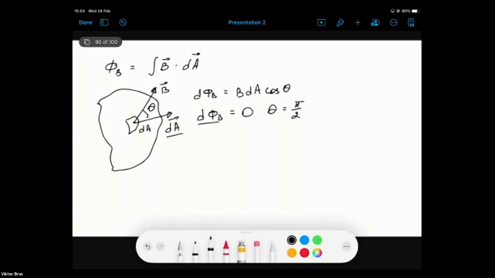And also the magnetic field flux dΦ_B is equal to B times dA when our angle theta is equal to 0. So when these vectors are parallel, then the magnetic field flux is equal just to the product of the magnetic field and the area of the segment of surface which we consider.